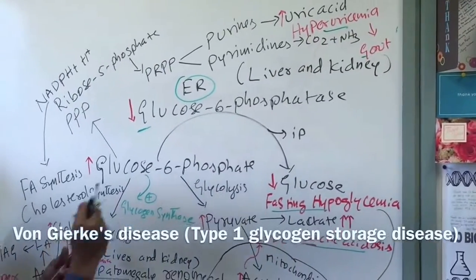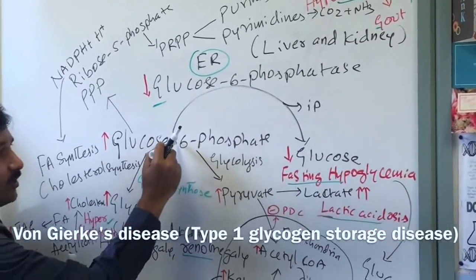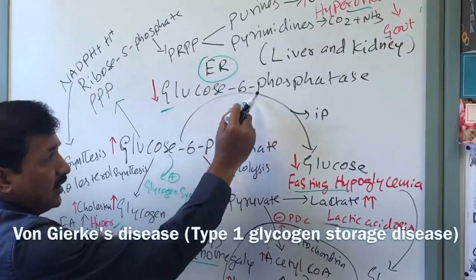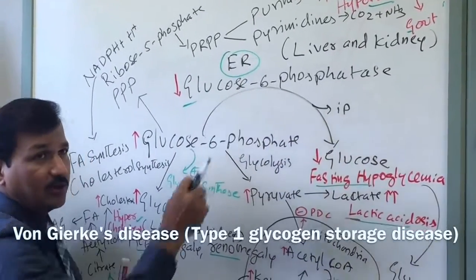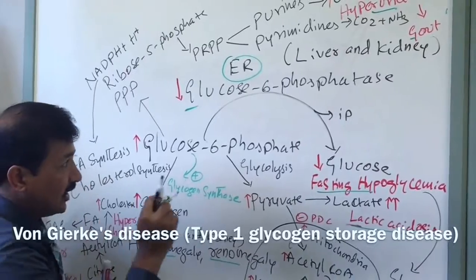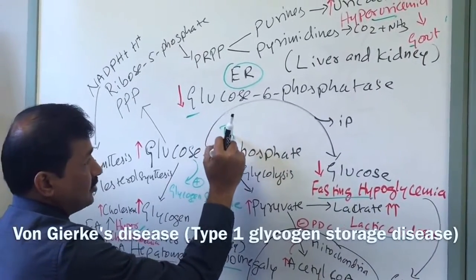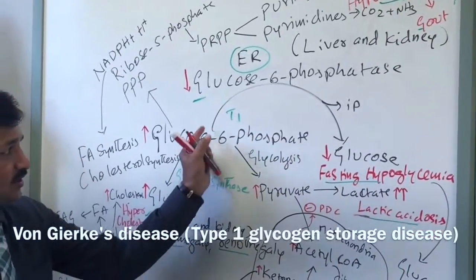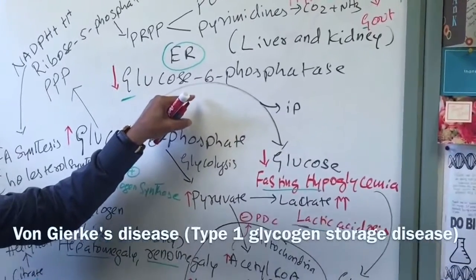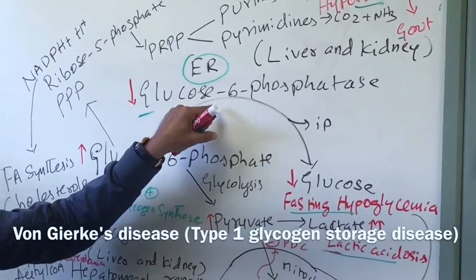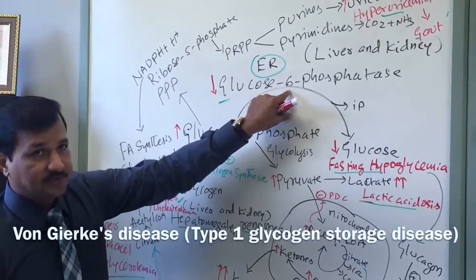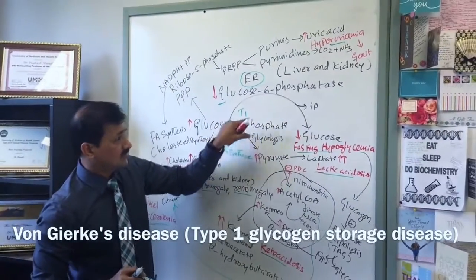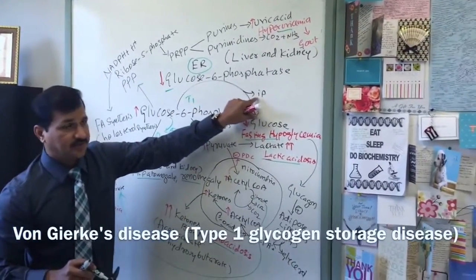It means glucose 6-phosphate, which is there in the cytoplasm, has to enter into the lumen of the endoplasmic reticulum. And for that, you need a T1 transporter here, for glucose 6-phosphate to get into the endoplasmic reticulum. Once it gets in there, glucose 6-phosphatase converts glucose 6-phosphate into glucose and inorganic phosphate.